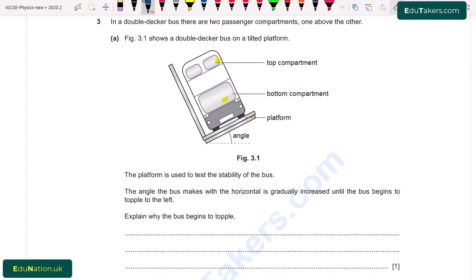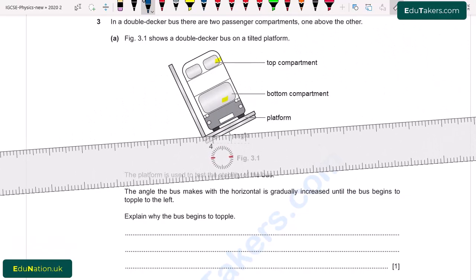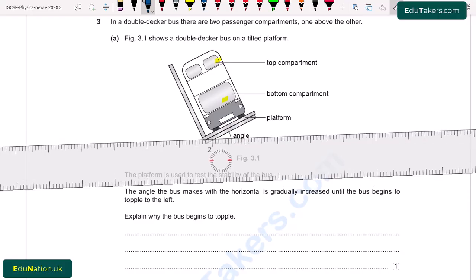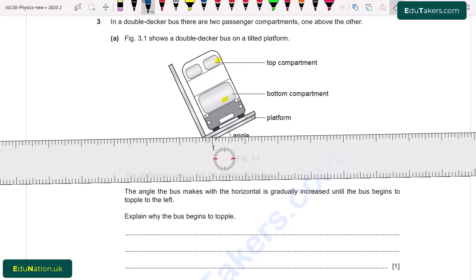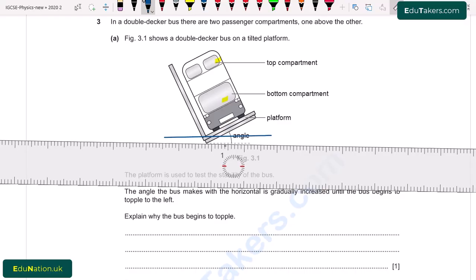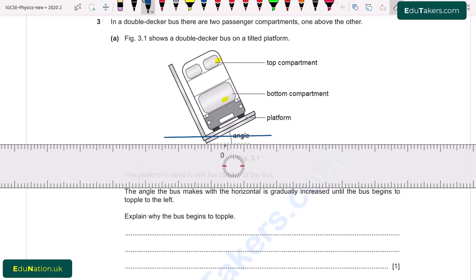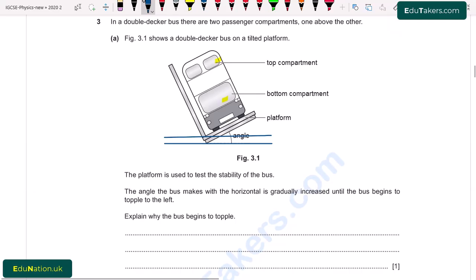And if I draw a balance here, so it's the balance according to the position of bus in this frame.